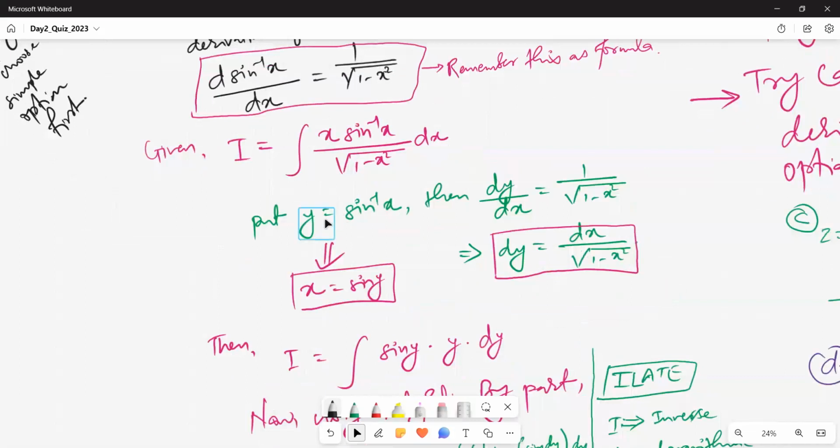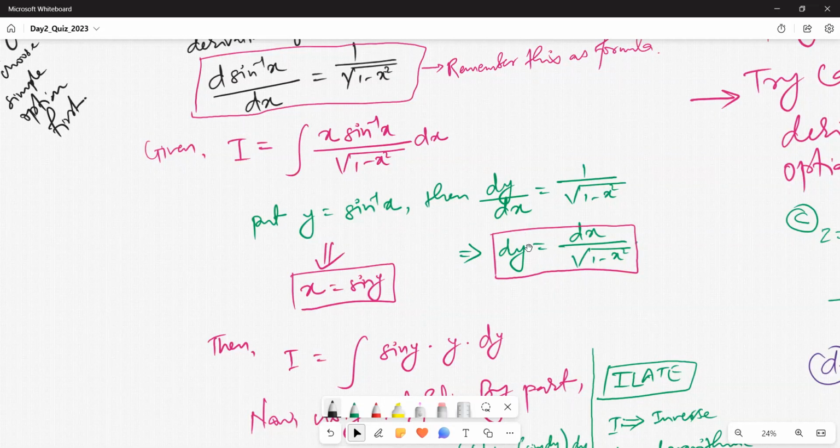We substitute y equal to sine inverse x, then calculate the derivative of y, that is dy by dx. On the left side it will be dy by dx, and on the right side the derivative of sine inverse x, that is 1 by under root 1 minus x square.